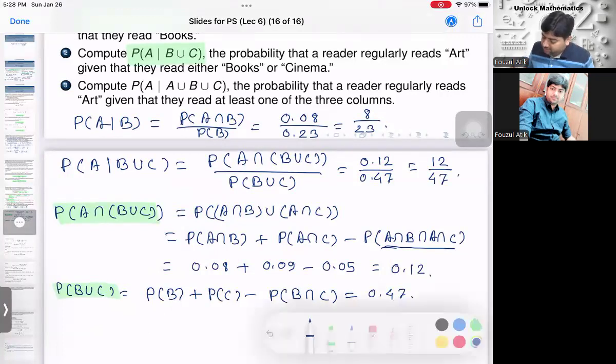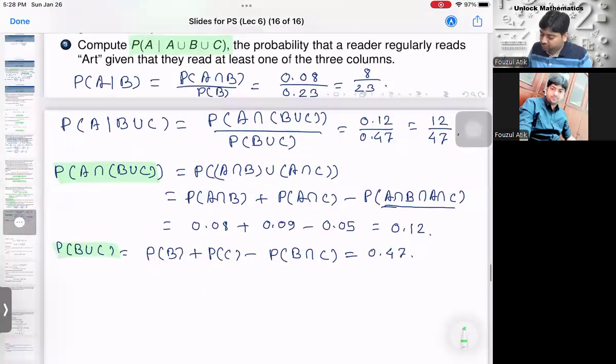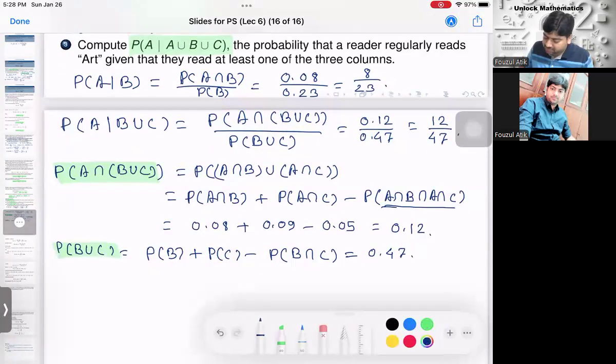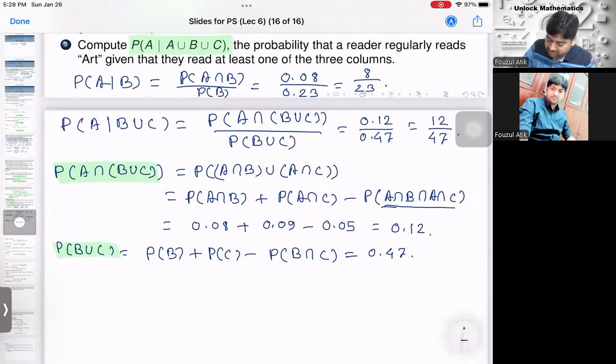Now we have another one, we have to find this one. Probability of A given A union B union C. So the conditional probability of A given that A union B union C has already occurred. Again, we can directly put the formula to solve this one. So this was number 1, this was number 2.